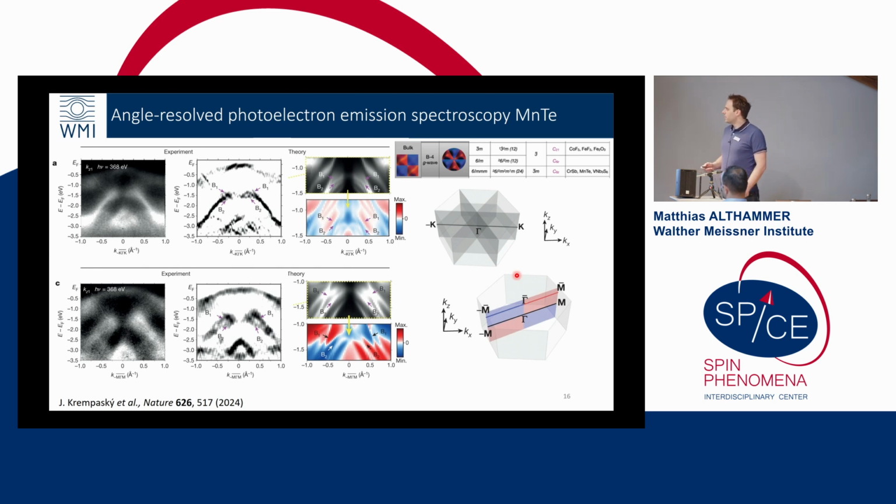And now the expectation would be that here, if you take the electron band dispersion along these nodal lines here, this will give you no spin splitting, but as soon as you go to a different direction, here along this M direction, for example, or M dash direction here on the top, you will see a spin splitting that also will alternate if you go into the opposite direction in the system.